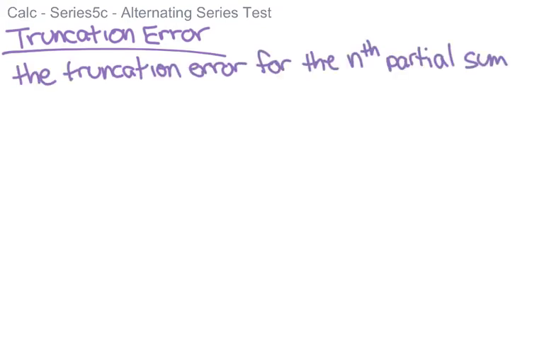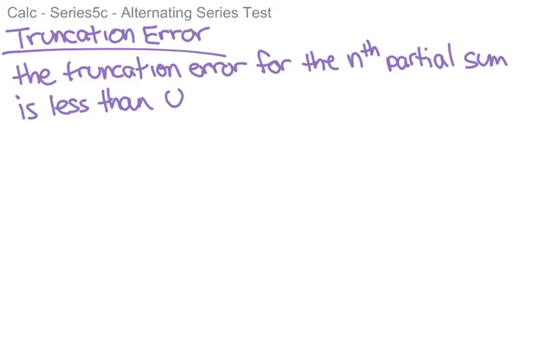All right, the truncation error. If we're talking about the nth partial sum, we have to talk about something finite because we can't just go forever. But if we're trying to figure out how accurately does a finite sum represent the infinite series, we talk about the truncation error. So fairly basic. The truncation error for the nth partial sum, so if we're going up to 50 or 75 or whatever, is less than, so think about that alternating series tornado now.